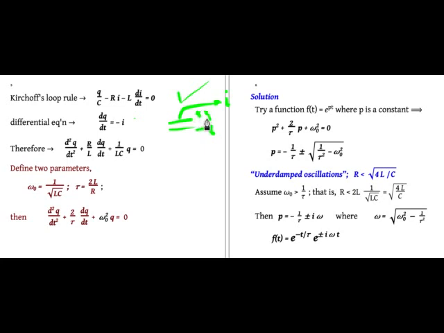The rate of change of the charge is negative because Q is decreasing. So dq dt is minus I. Think of how much charge leaves this plate during a time dt. On the one hand, it's I dt, and on the other hand, it's minus dq, the reduction in the charge on that plate.